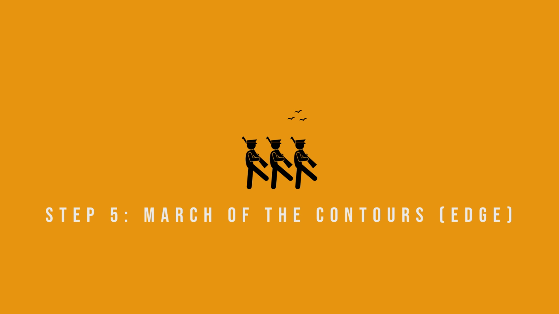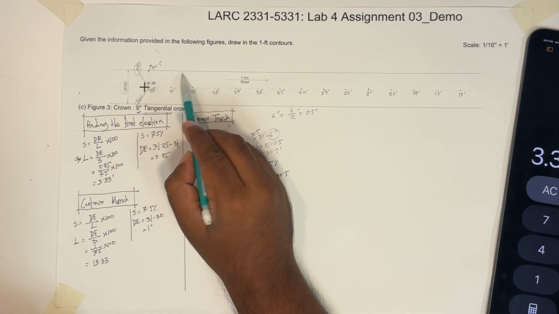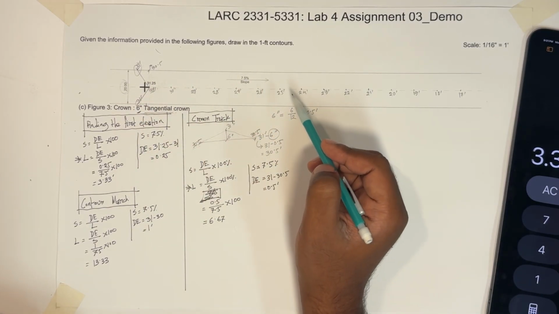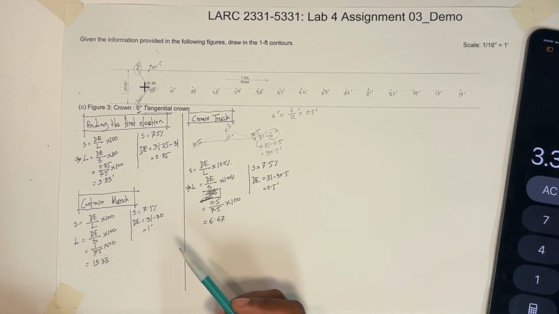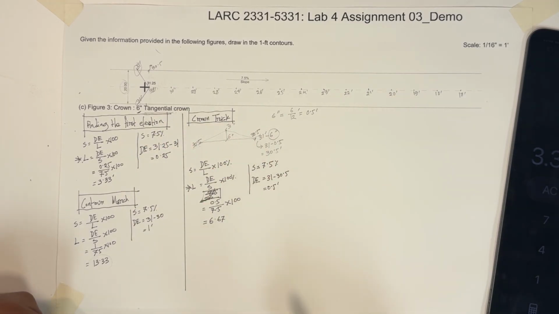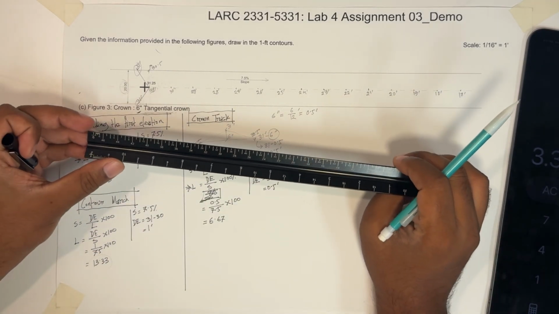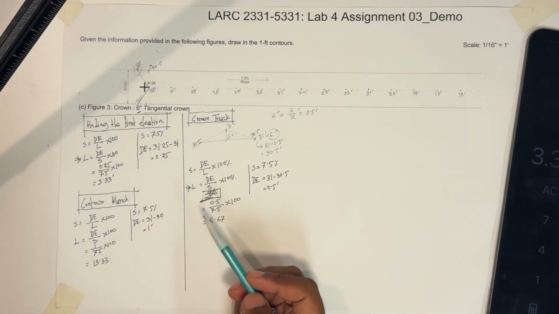Now for step 5, that would be the contour march part 2, contour march along the edges. And this is easy work for us because we already know we need to do 13.33 between these two. All right, so let's try to do that. And we know already that this is 6.67.